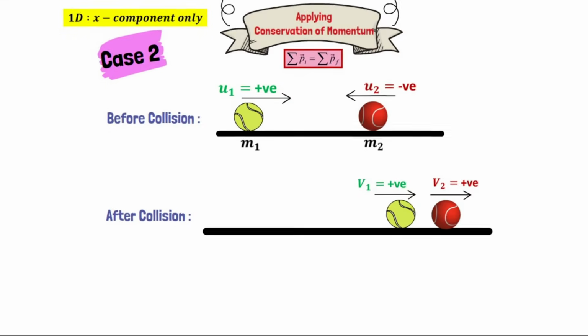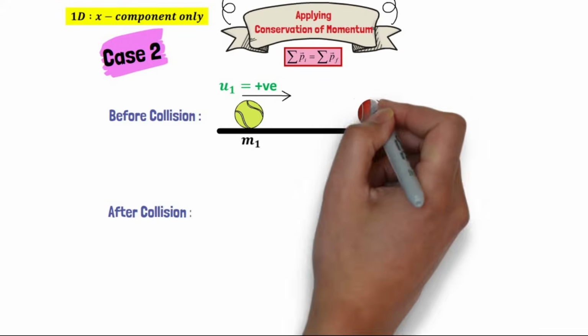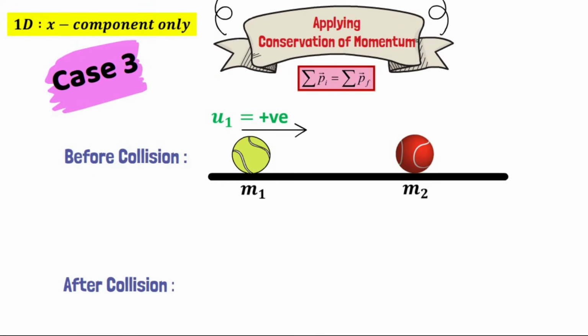So let's substitute in this table. So remember that U2 must be negative value. Alright, but V1, V2 dan U1 is positive since the direction is to the right. Okay, and macam mana pula case yang ketiga? So let's say here, before collision, we have M1 which is moving to the right, but M2 is not moving.